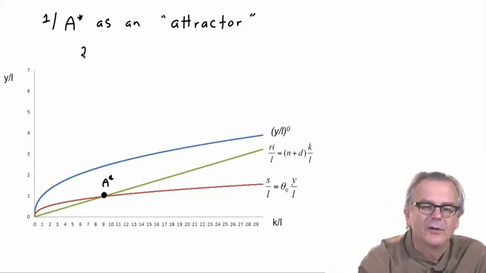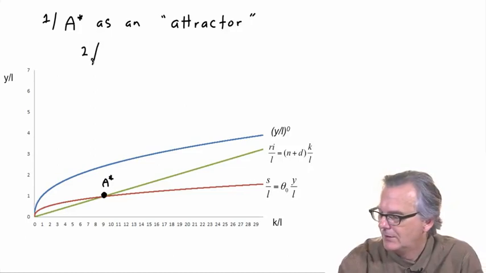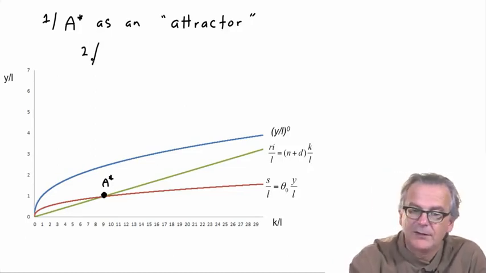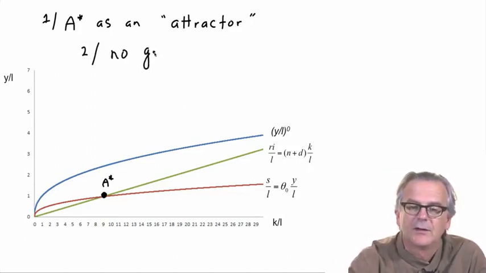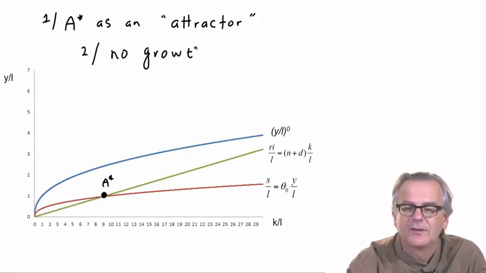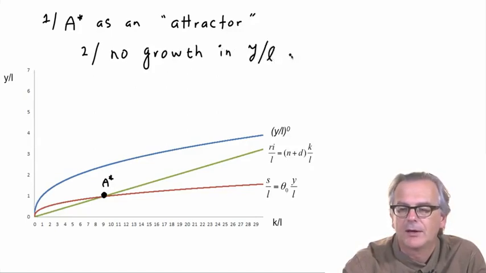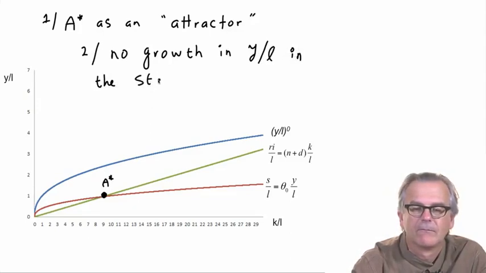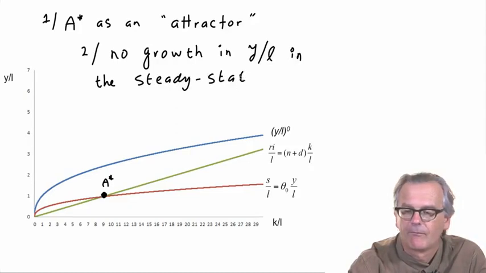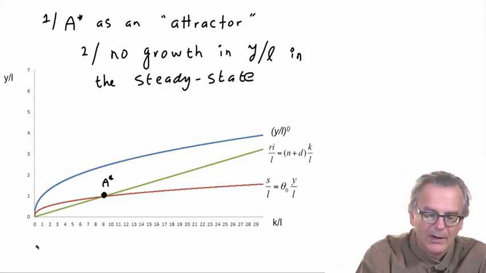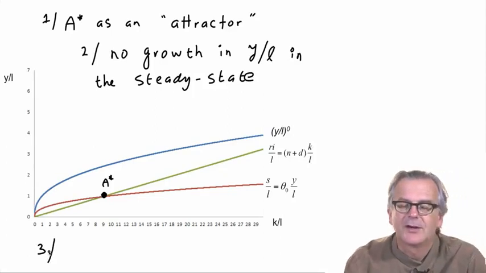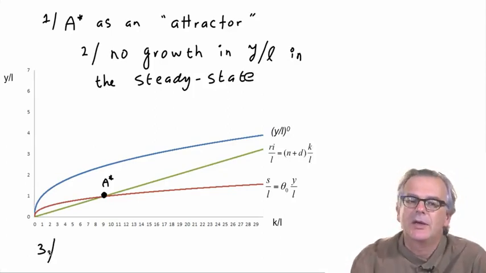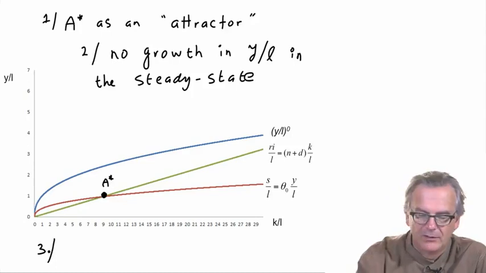The other important thing to note about the steady state, about the attractor, is there's no growth if you're in the steady state, and that is no growth in per capita income in the steady state. And why I think that is so important is because it clarifies for us what we mean when we talk about economic growth.